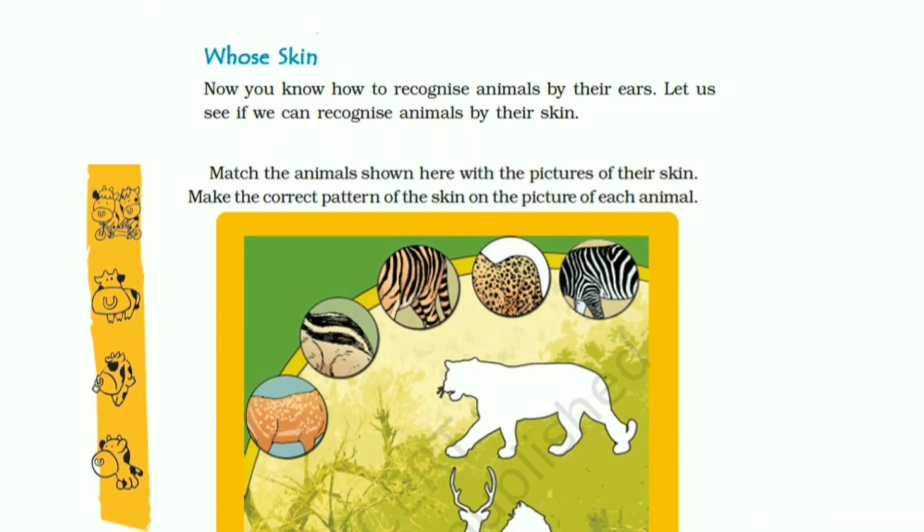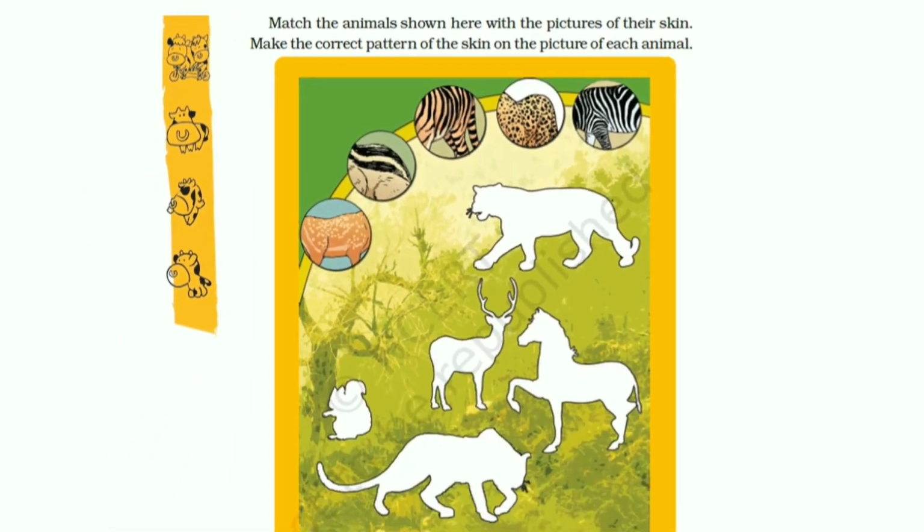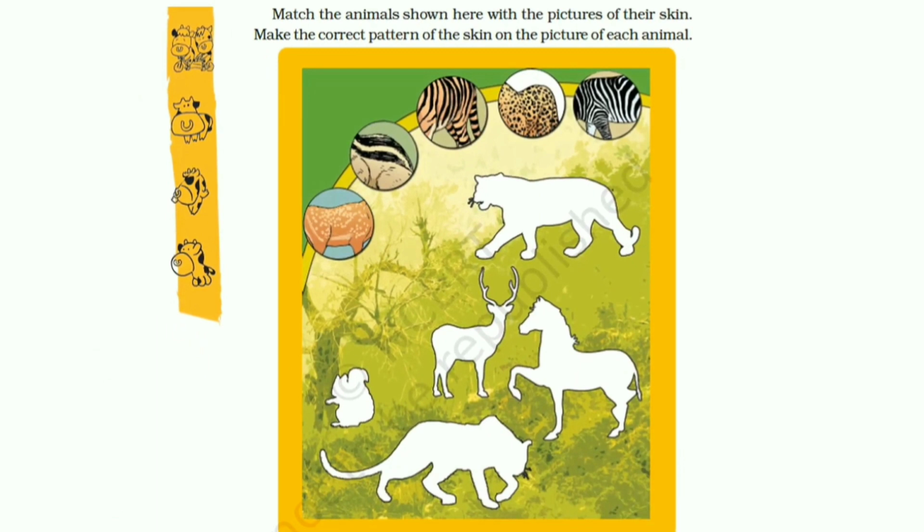Now, moving to the next page, whose skin. Now you know how to recognize animals by their ears. Let us see if we can recognize them by their skin. Match the animals shown there with the picture of their skin and make the correct pattern of the skin on the picture of each animal. Here I am going to match the pattern to the correct picture.